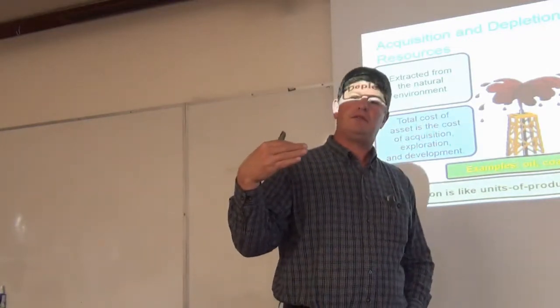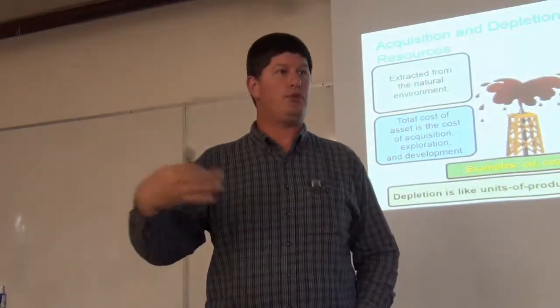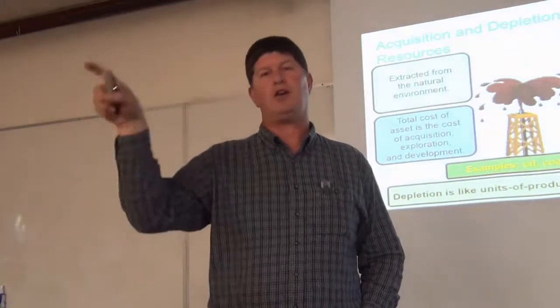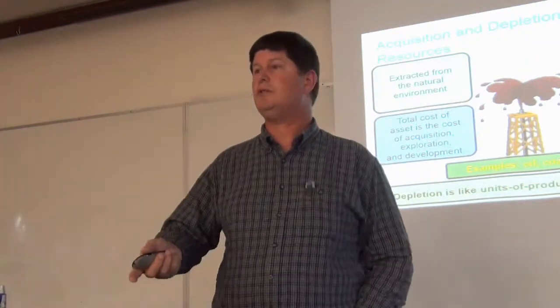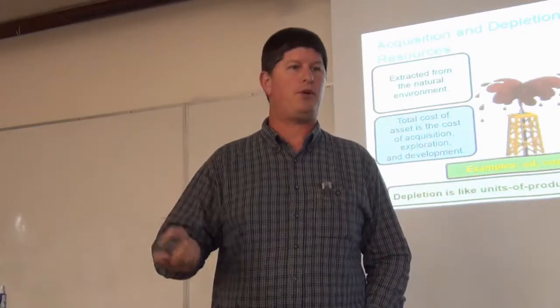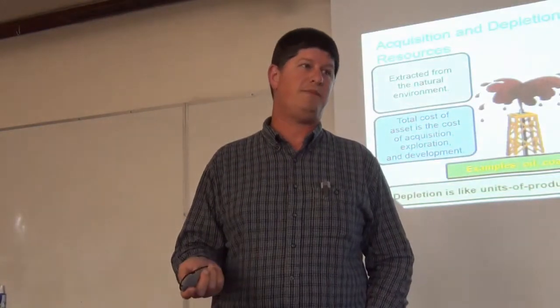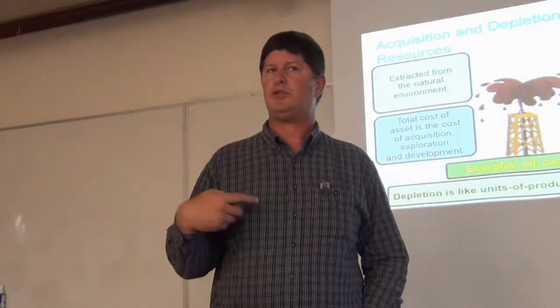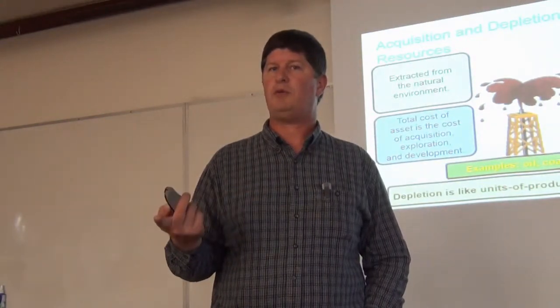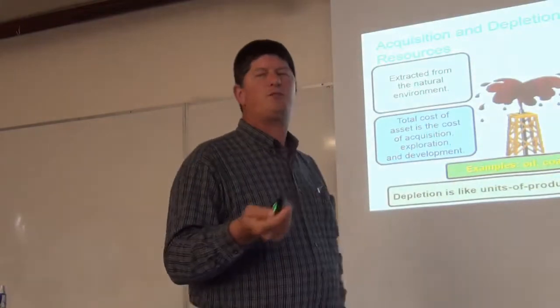So that's the number of units you're going to produce off of that well. You take the cost and divide by the number of units, and you calculate depletion based off of that per unit rate. It's very much like the units of production depreciation we did. Everybody remember that? I know, it's been a whole week, right?